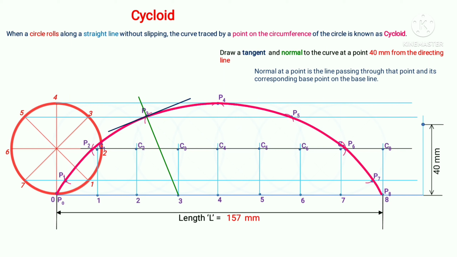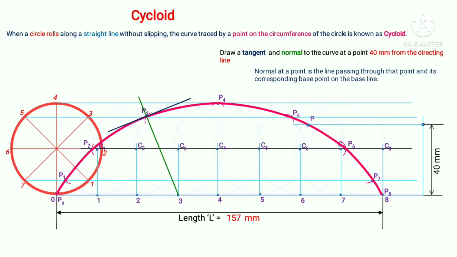Now from this point we draw a locus to cut the cycloid. And here the locus cuts the cycloid at a particular point and it is marked with P. So here the point P is on the cycloid and it is at a height of 40 mm from the directing line.